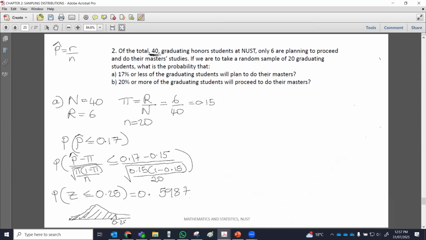Okay, and then the last thing is to just answer the question. It says, what is the probability that 17% or less of the graduating students will plan to do a master's?